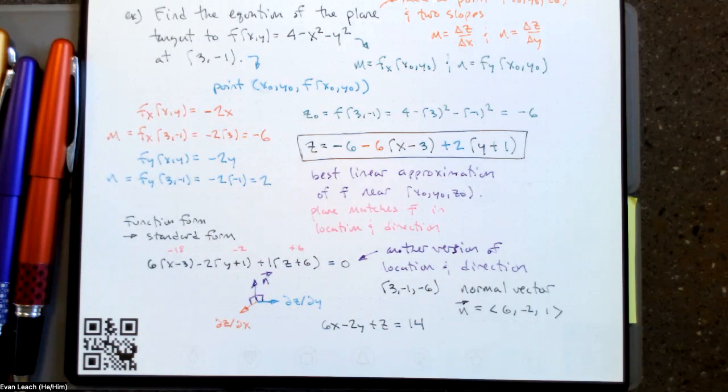All right. So the important thing to note is that we're doing the same thing that we did before. The thinking behind it is the same as we had before. We're trying to find a linear equation that matches in location and direction. The reason we're going for that is that's all that a linear function is: location and direction, point and slope. It's two slopes in the case of a plane.